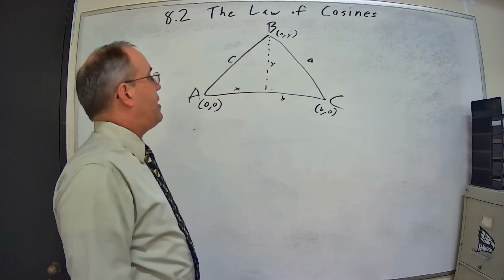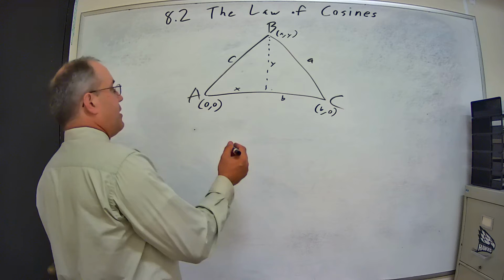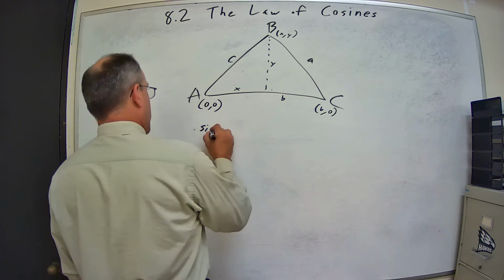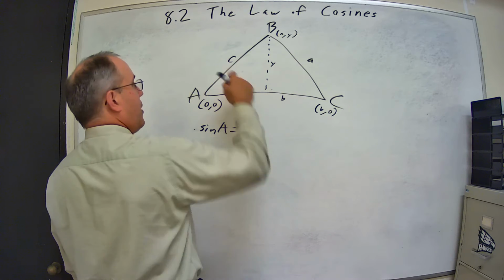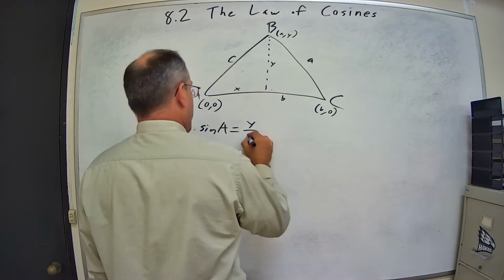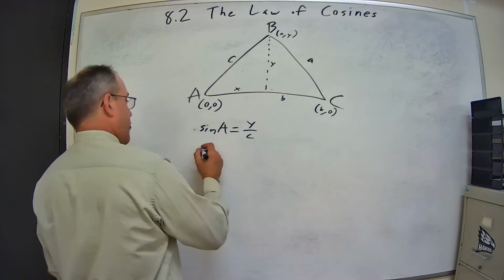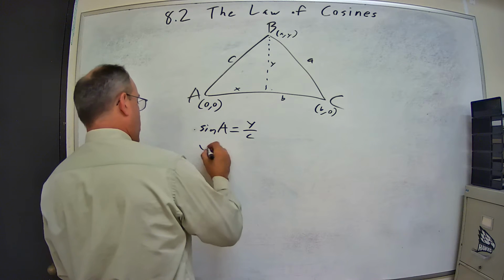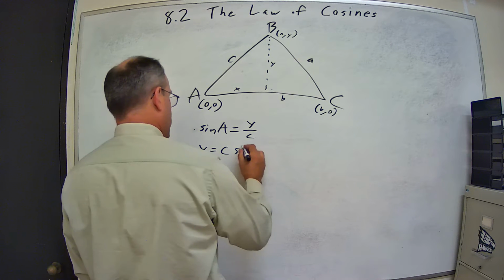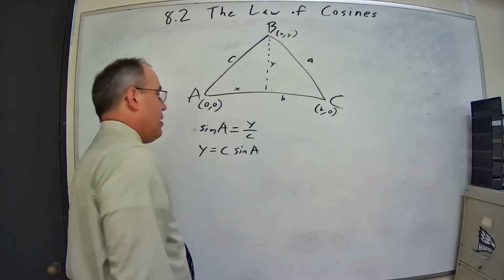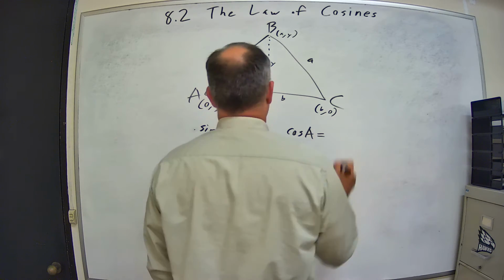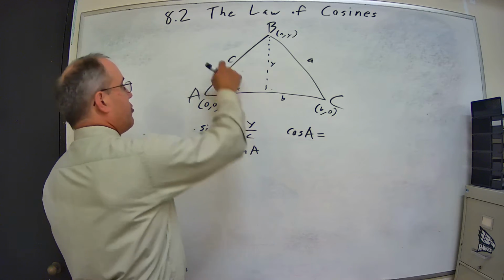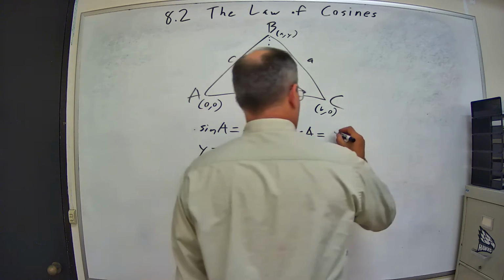That being the case, I can now say that the sine of A is equal to opposite over hypotenuse, y over c. So therefore, y is equal to c times the sine of A. And I can say that cosine of A is equal to adjacent over hypotenuse, or x over c.